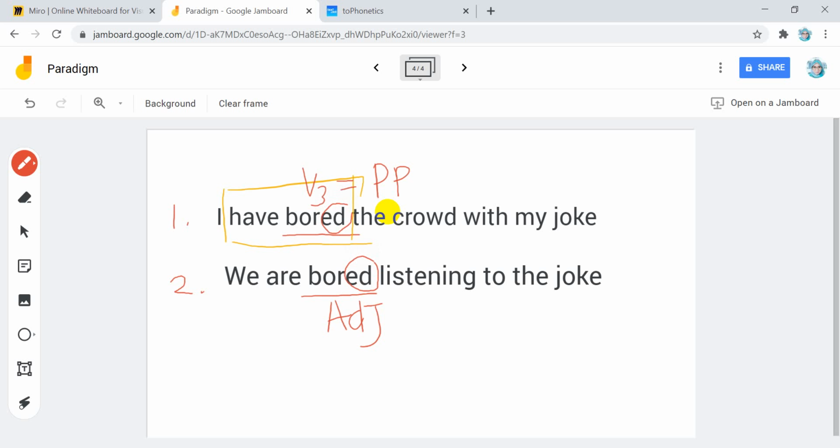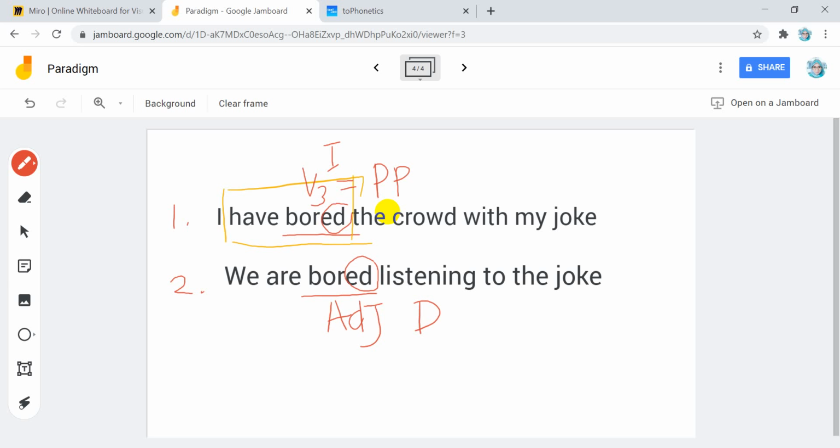But the second one, in we are bored listening to the jokes, bored here is an adjective. There is a change of part of speech from verb into adjective, so this one is derivational. This one is inflectional, this one is derivational.